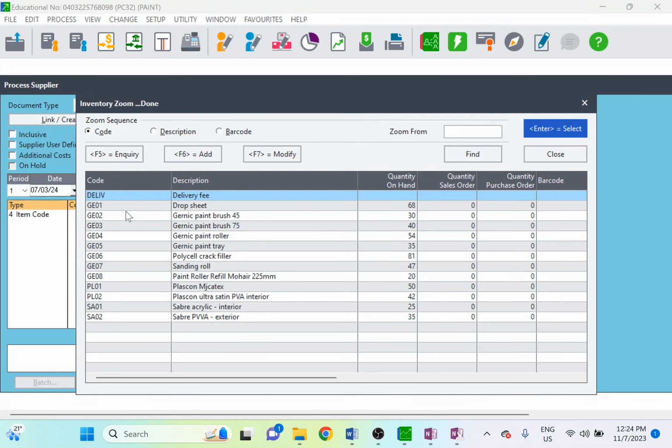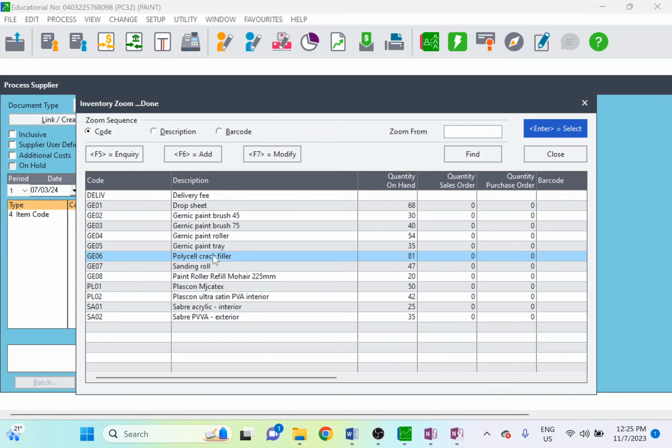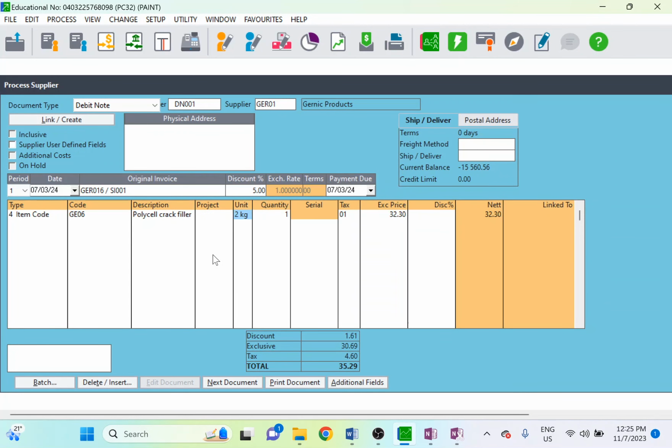Item returned is polycell crack filler. Quantity is 1.